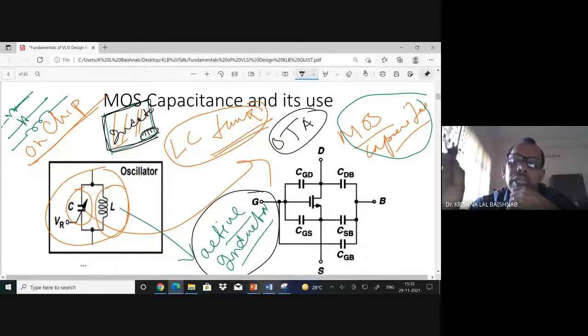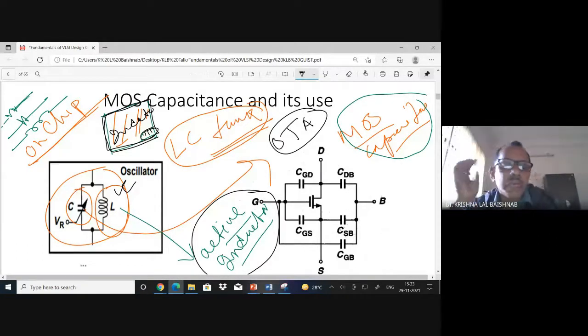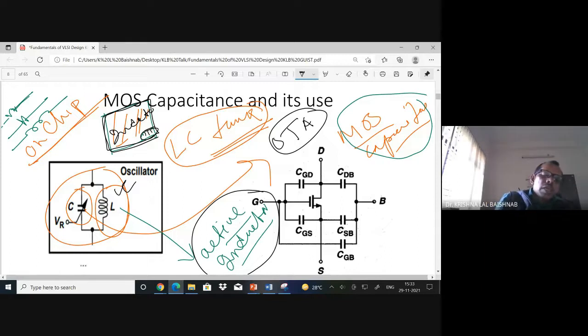OTA has huge applications in analog circuit design: it may be used for amplifiers, filters, current sources, many things, and also for the inductor. I'll show you a brief example lastly. But the theme of this slide is that we have to replace C by MOS, and replace the inductor by an OTA-based active inductor. Those are part of analog circuit design: how you design active inductors.